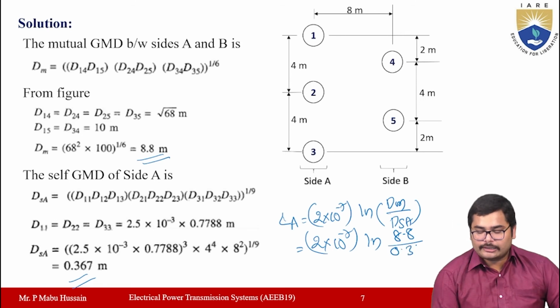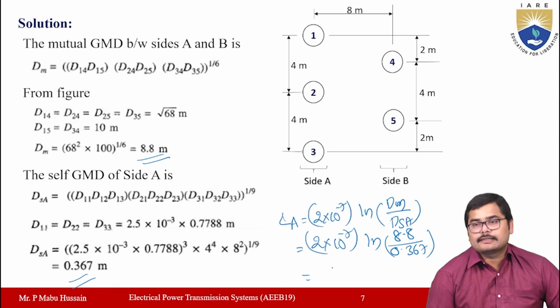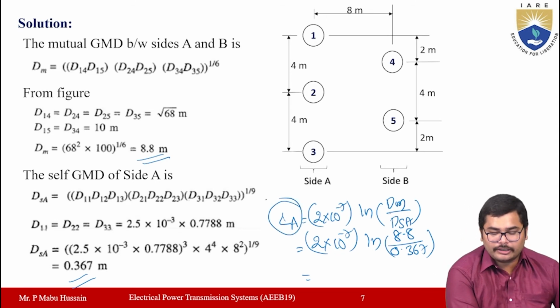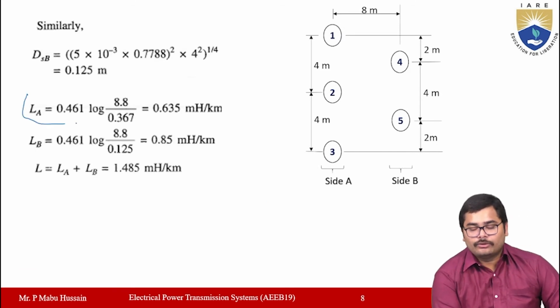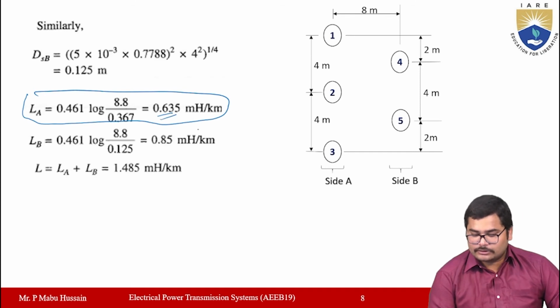Okay, so now if you calculate the value, you will get the value of total inductance in side A, right? That value will be equal to 0.635 millihenries per kilometer. Actually, this value, if you calculate, you will get in henries per meter.